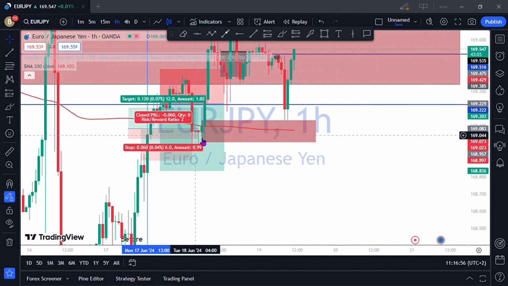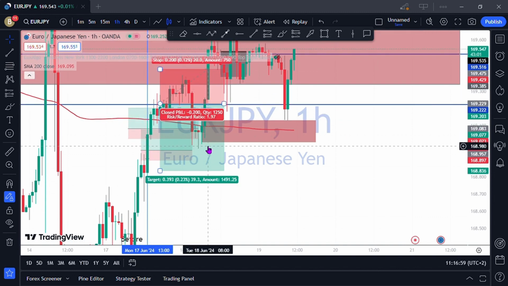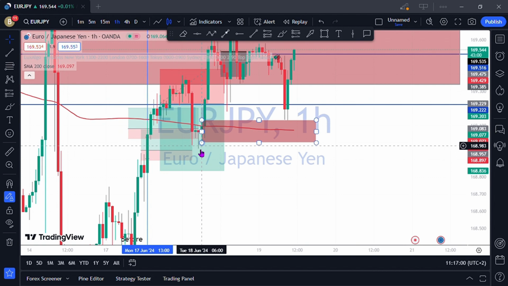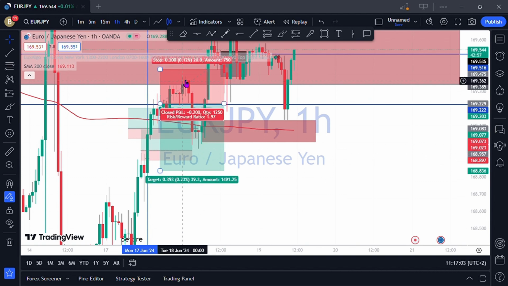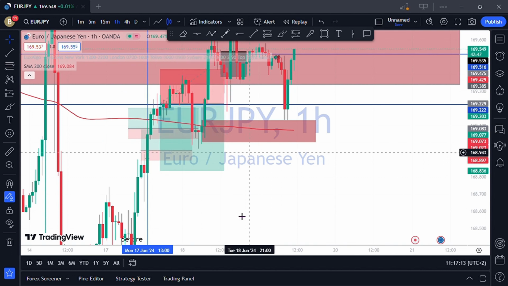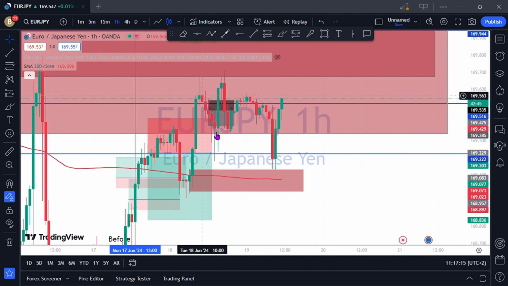It's just the way I enter is the way it came. It's sometimes slowing me at the moment, because you can see from this zone where I expected price to be rejected, it did get rejected, came back, and then it bounced, and then again it came back, got rejected, came back, got rejected again, and came back.